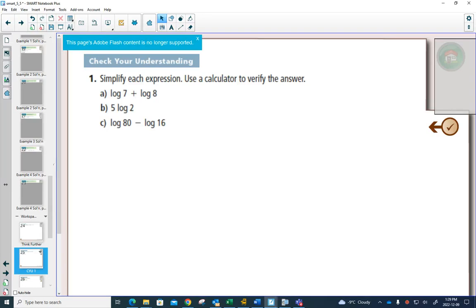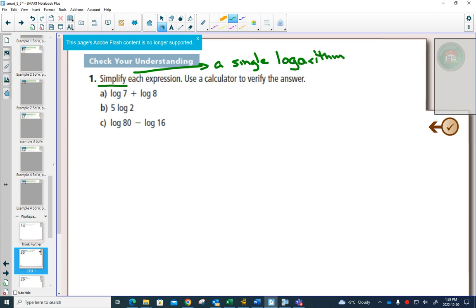And it says simplify. So as far as your log laws that are up on the board over there, we would like to write everything as the left-hand side. Sometimes they'll ask, can you write it as a single logarithm?